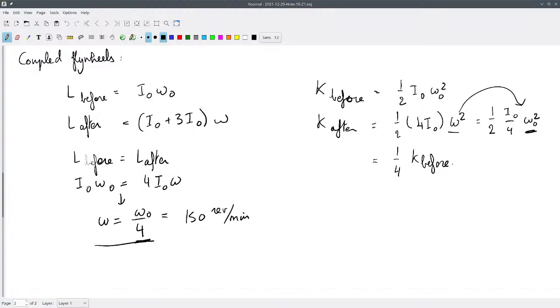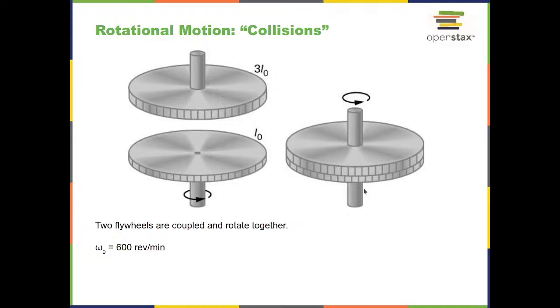So there must have been some energy lost to go from this higher kinetic energy before to the lower kinetic energy after, and that is work done by the force of friction or whatever forces there are between those two flywheels.